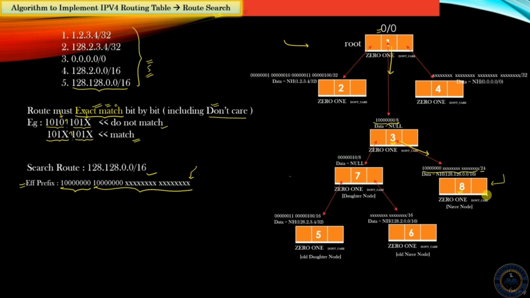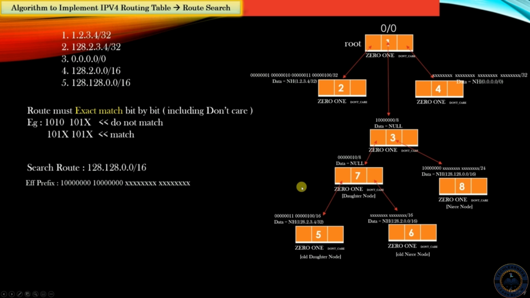It simply means that node number 8 is a matching node and it corresponds to the route 128.128.0.0/16, which is this one. So this is how I search a route in the mtrie. I will return true, that such a route is present in the routing table.